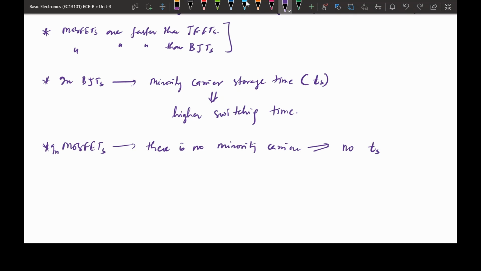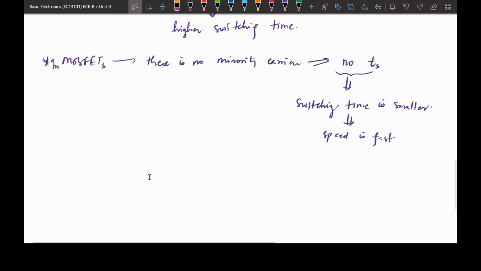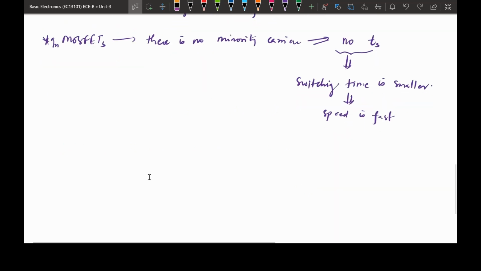Hence the switching time in MOSFETs will be smaller. Switching time is smaller, that means speed is fast. So the MOSFETs will have faster speed because they have no minority carrier storage time.